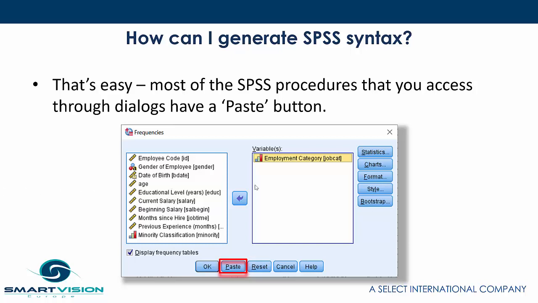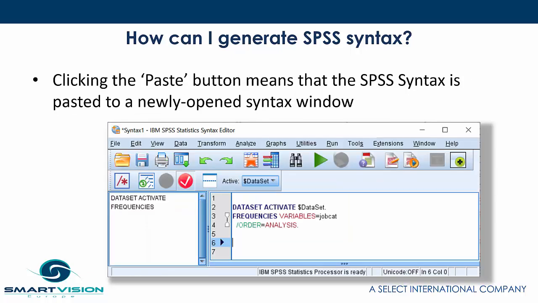If I click paste, instead of generating the frequency table, it opens up a new window. This new window is an SPSS syntax editor window, and it shows us the underlying syntax that it would execute if we clicked OK. It doesn't actually produce the output, it simply shows us the syntax. If we wanted to execute that in order to create the frequency table, we'd run the syntax.